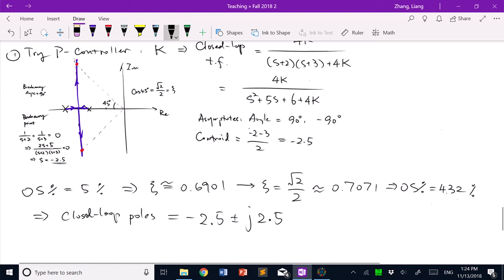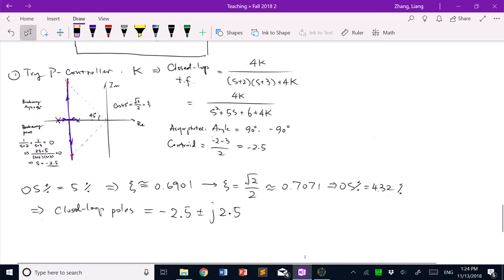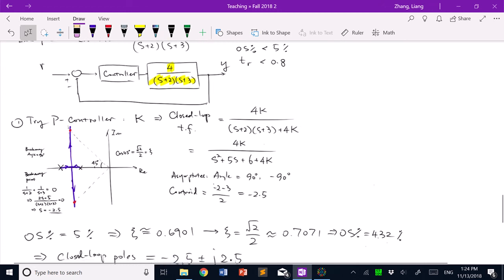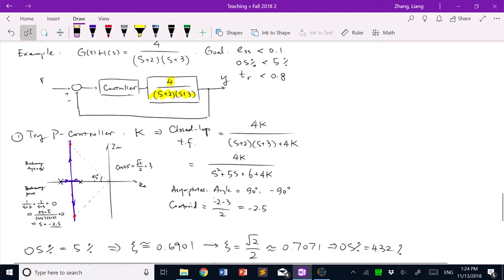So you have the two closed loop poles. Okay? So this is how we can satisfy one of the requirements: the 5% overshoot is done, we actually can achieve 4.3%.